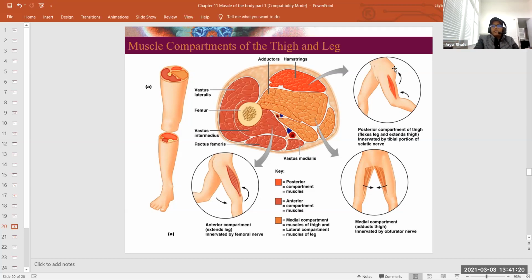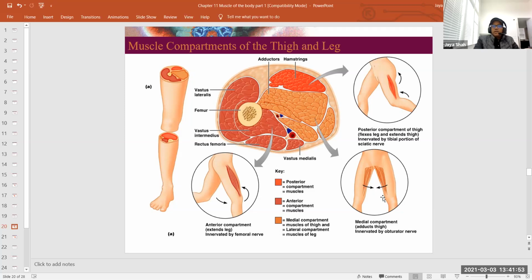It is innervated by the tibial portion of the sciatic nerve. Sometimes when you have pinching of the nerve in this lumbosacral region, that causes this hamstring muscle pain, and it shoots down in your leg.